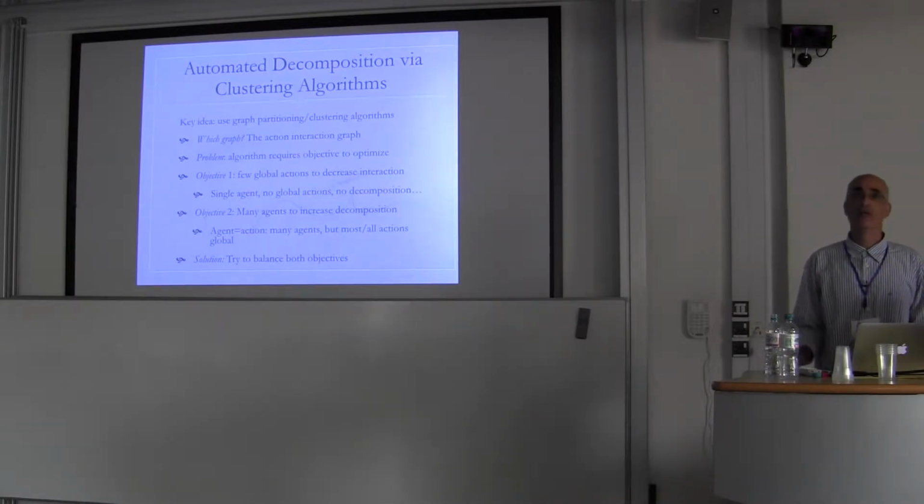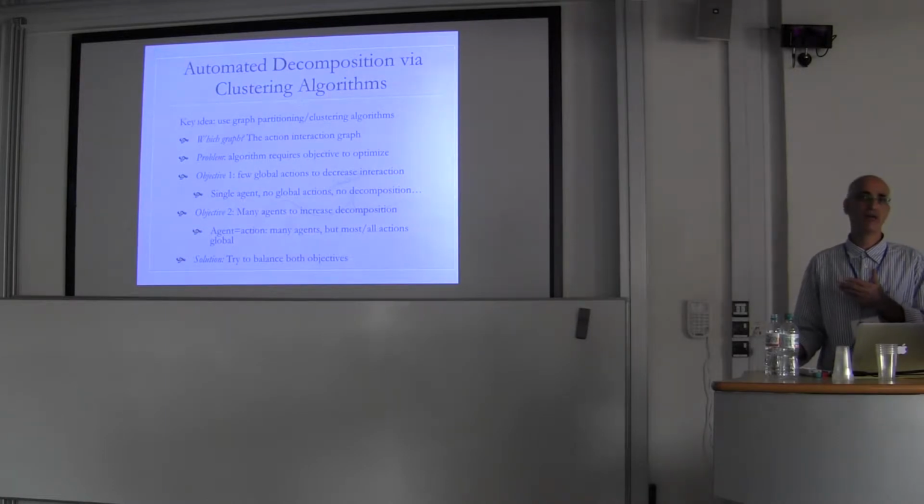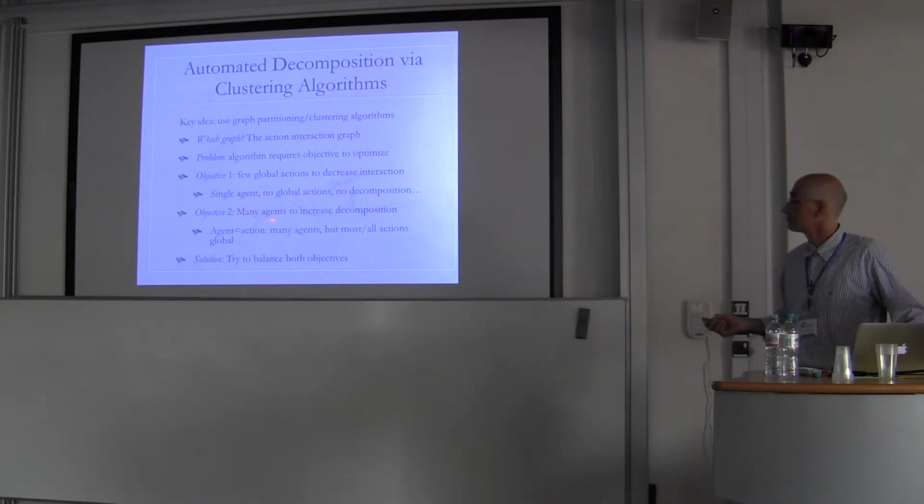We can look at the graph of the actions and use a clustering algorithm to cluster the actions into sets. So what graph should we look at? The natural graph is what we call the action-interaction graph. You've seen the agent-interaction graph before. Think of each action as an agent, and two actions interact if they share some variable, some primitive proposition, in their description.